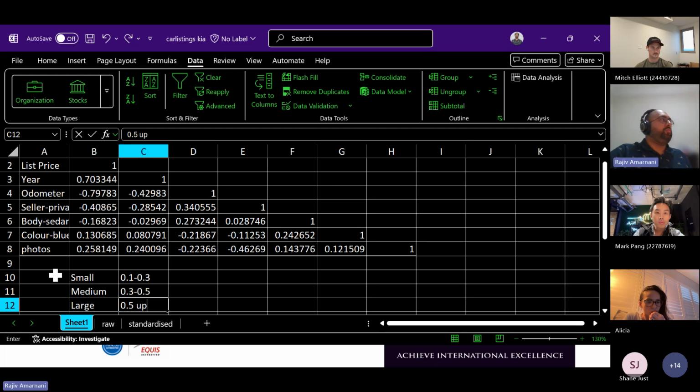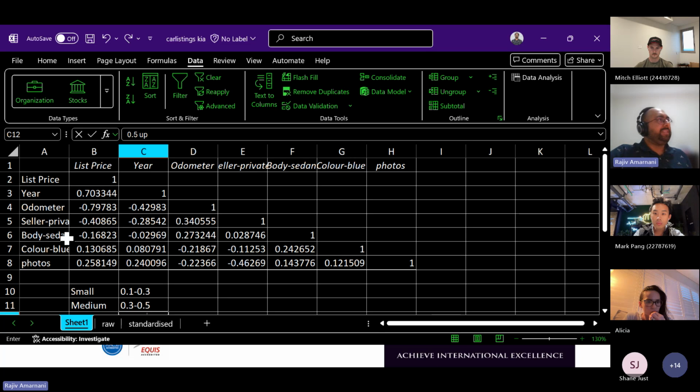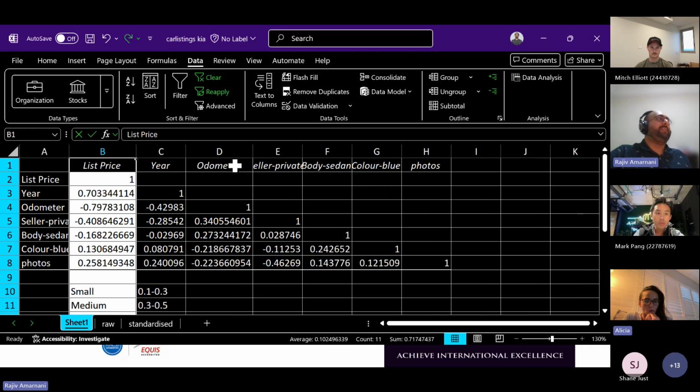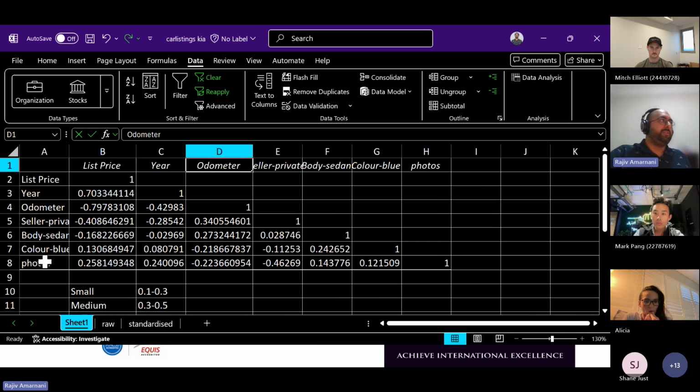And very roughly, the way we interpret this is, let's say we wanted to ask, what is the correlation between the usage of the car on the odometer and the number of photos. So cars that had a higher usage tended to have fewer photos.